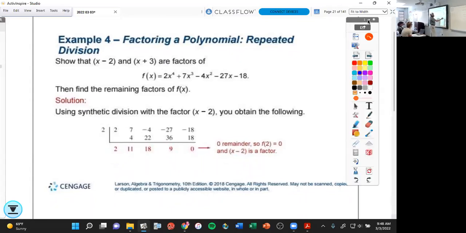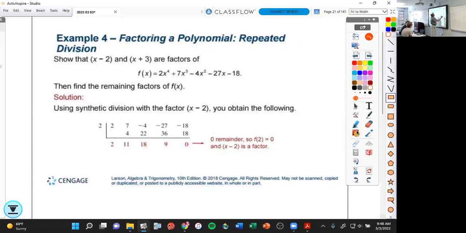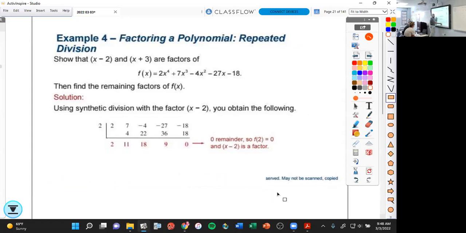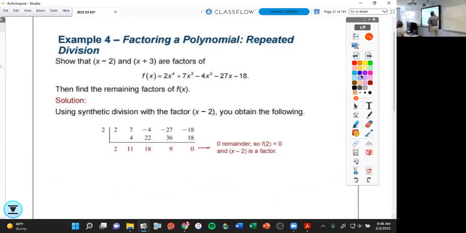Now, I don't know exactly which way this thing's going to go. So how would I go about checking to see if x plus 3 is a factor? Do it all over again using synthetic division. The -3, right?